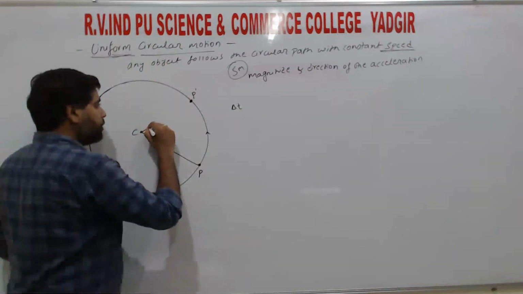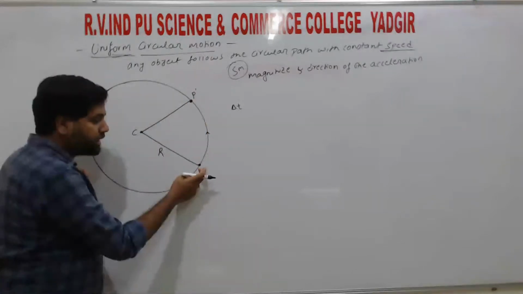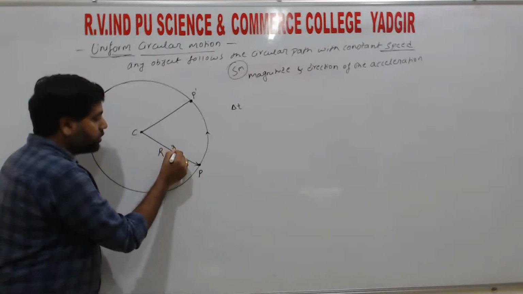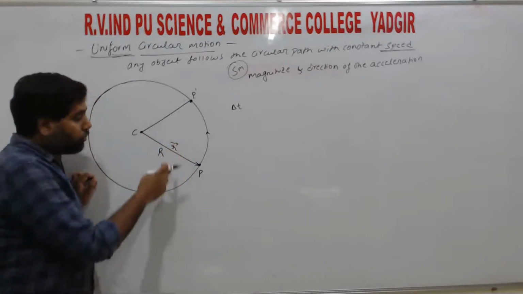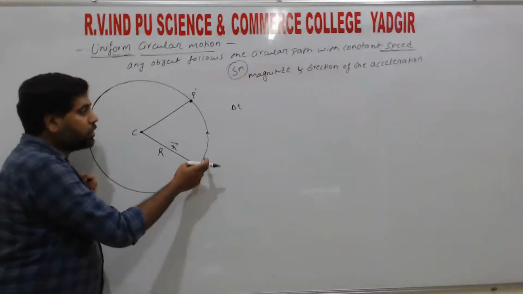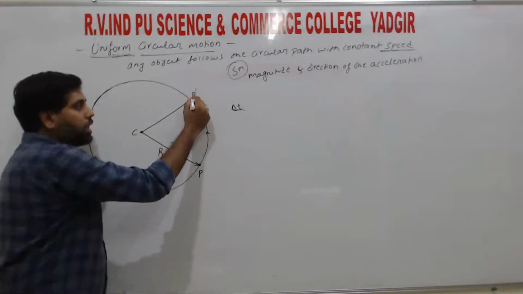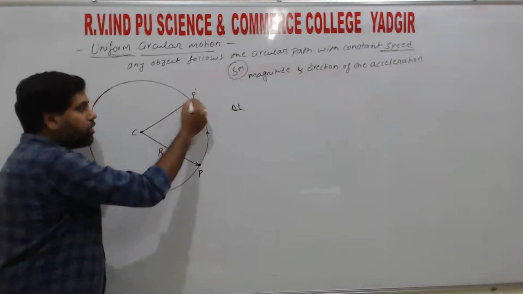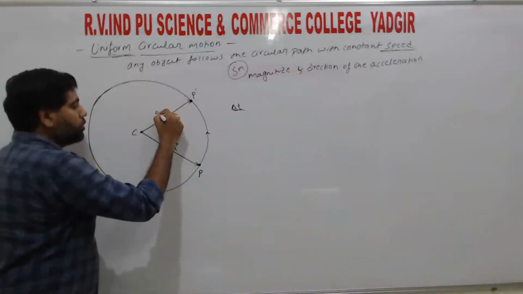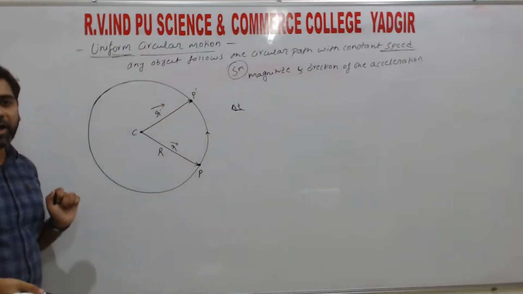Initially the object is at P. If I draw the position vector, CP becomes vector R, which denotes the position of the particle at P. After a certain time delta t, the object has moved to P dash, so the position vector there is R dash.